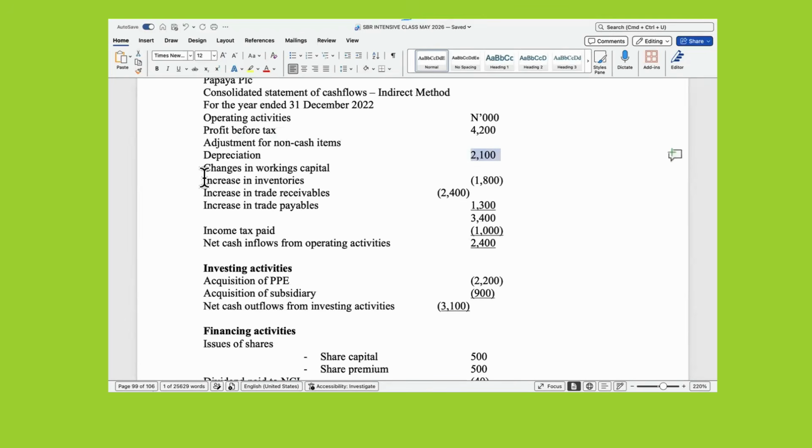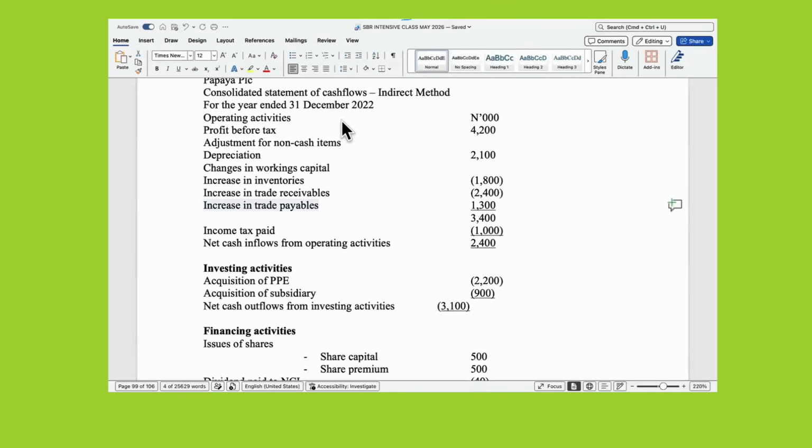And I've done all the movements. There was increase in inventory. It's like I'm buying more inventory, outflow. There was increase in receivables. It's like I'm giving people more goods, outflow. Increase in payables, I'm collecting money from people, inflow. That's an inflow.